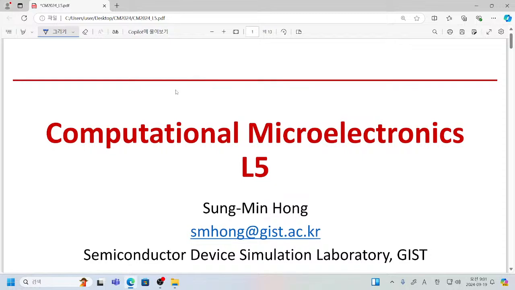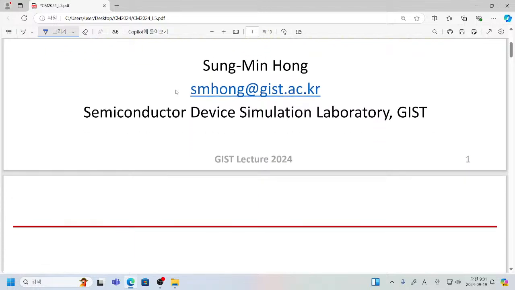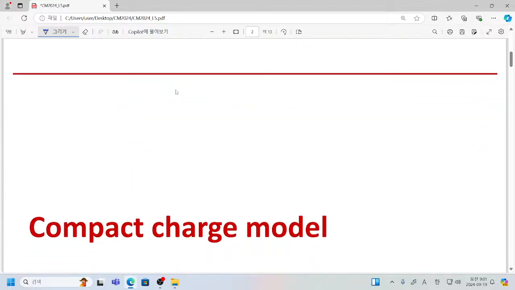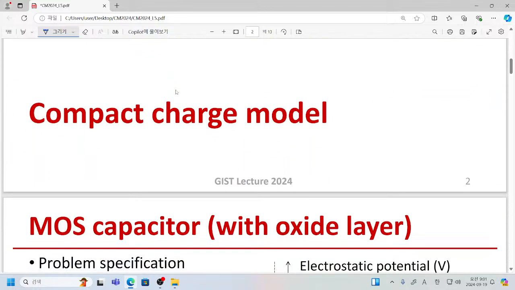So let's go to the main contents. Our goal is to develop the compact charge model. In the previous lecture 4, we discussed the relation between surface potential and surface electric field.